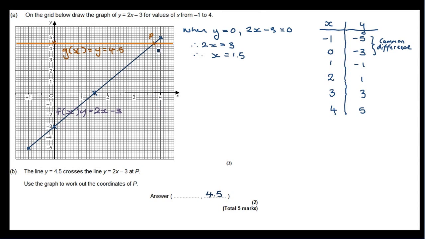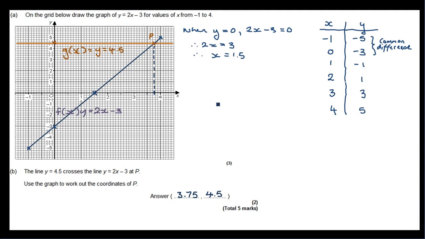And all we need then is the value of x at point P. Well, if we look very carefully at where the two lines cross over, and we go down to the x-axis, there we are. We can see that it's 3.75, or it seems to be 3.75. And that's all we need to do to get a total of 5 marks.